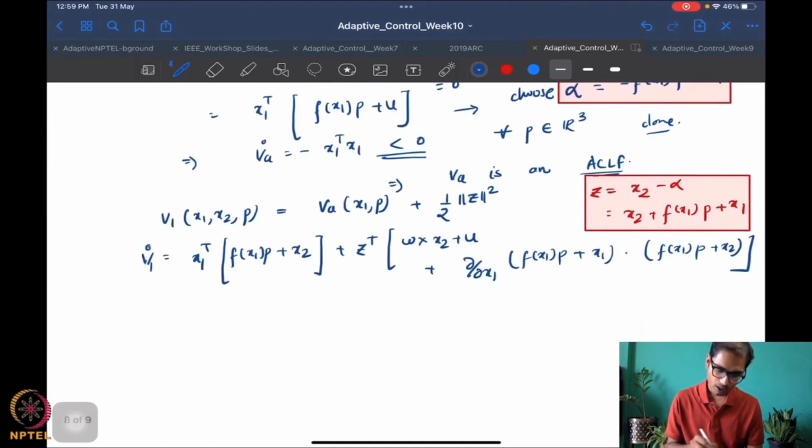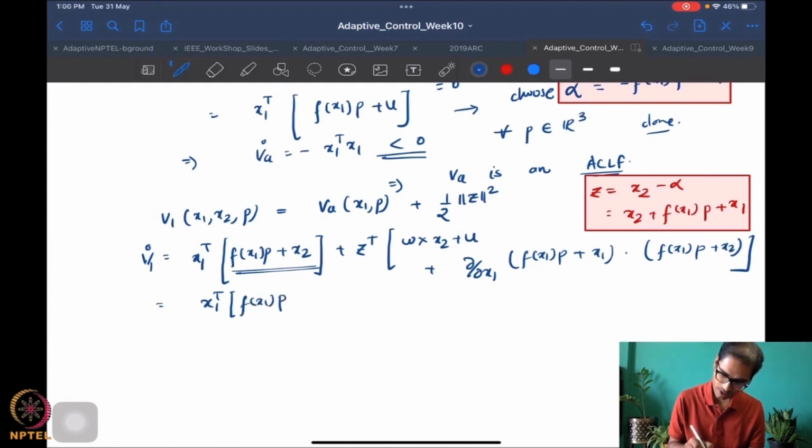Now what I know about this is that it has x2, so I can write it as z plus alpha. So this is x1 transpose times z minus f(x1) p minus x1, plus z transpose times this whole quantity.